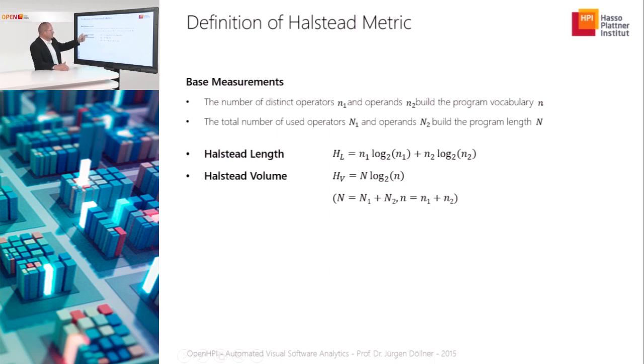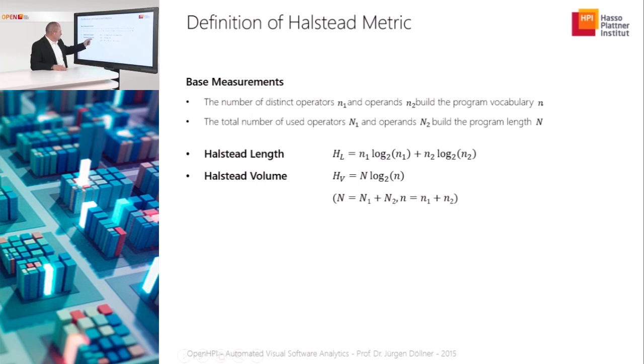The length is related to the distinct operators and operands, taking into account the number of distinct operators N1 and distinct operands N2, and both are weighted by the logarithm.